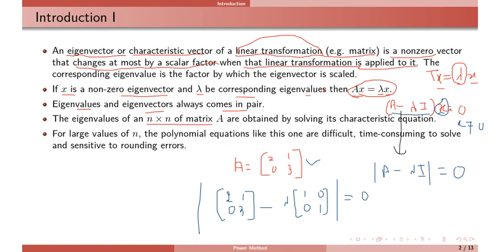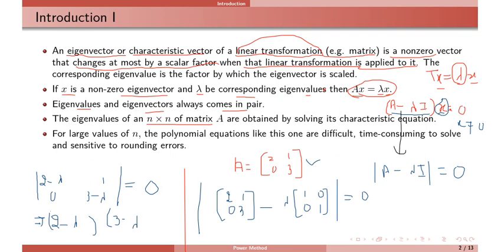If you further simplify, you get the determinant of [2 minus lambda, 1; 0, 3 minus lambda] equals 0. Now solve this determinant. This gives (2 minus lambda) multiplied by (3 minus lambda) equals 0.